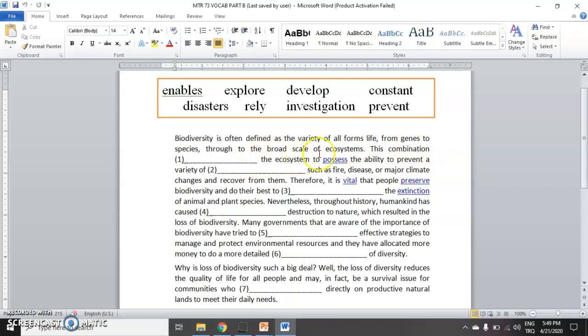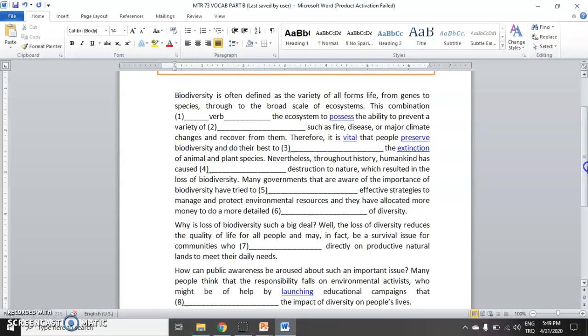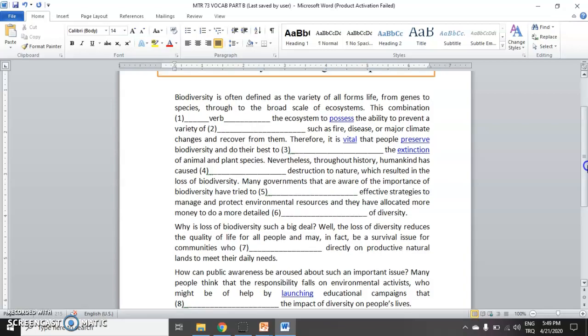This is the object, this is the subject. So here we need a verb. Okay, so after you do that, try to put in these words and then come back. And also, please have a look at the meanings of these blue words because they will help you with the answer.